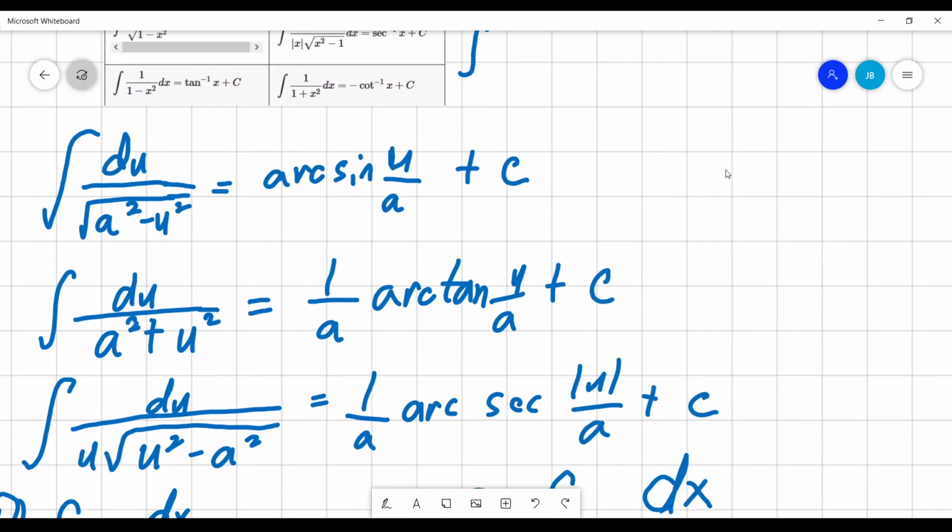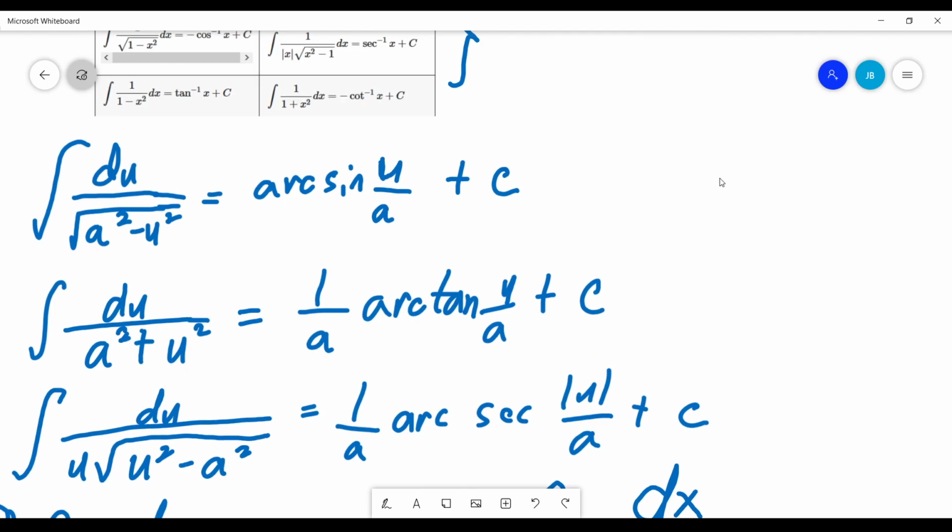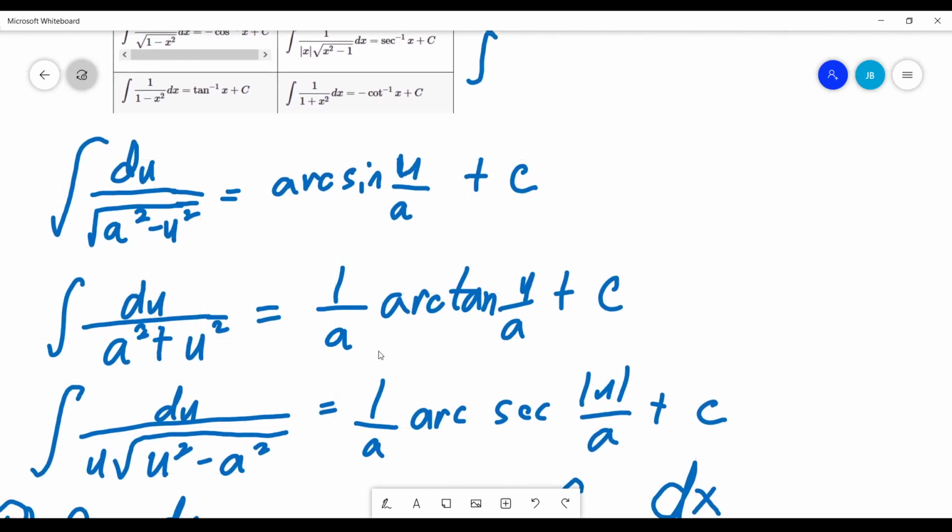I can add something. For example, if your a is not equal to 1, then we can do this. Because if your a is just equivalent to 1, that's just arc sine u, no? It makes sense. But if it's not equal to 1, then it's a. For example, that's 2, so arc sine u over 2 plus c.